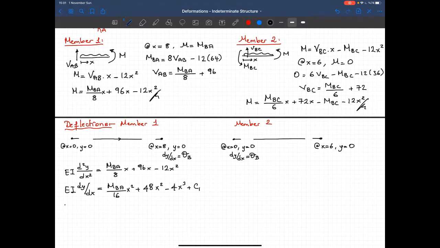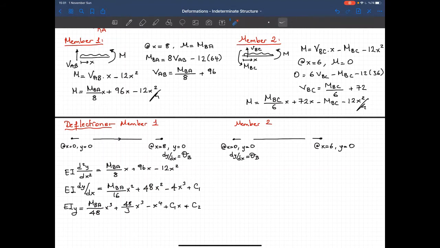One more time, EI y is equal to MBA over 48 x cubed plus 48 over 3 x cubed minus x to the power 4 plus C1x plus C2.